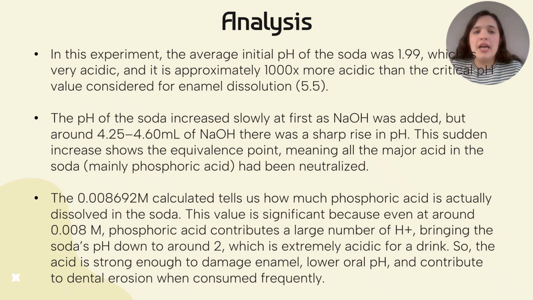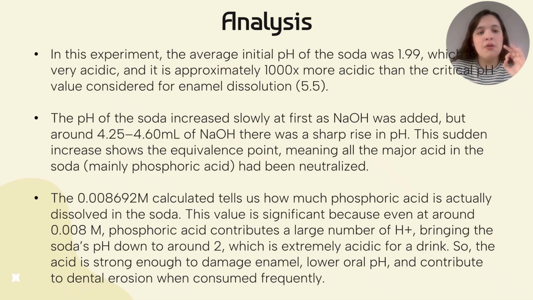Also, the pH of the soda increases slowly at first as the sodium hydroxide was added, but around 4.25 to 4.60 milliliters of it, there was a sharp rise in the pH that we saw on the graph. And this sudden increase shows the equivalence point, meaning that all the major acids in the soda had been neutralized.